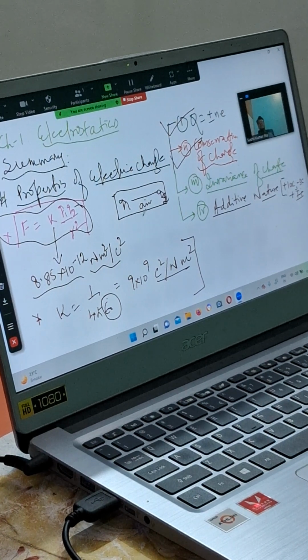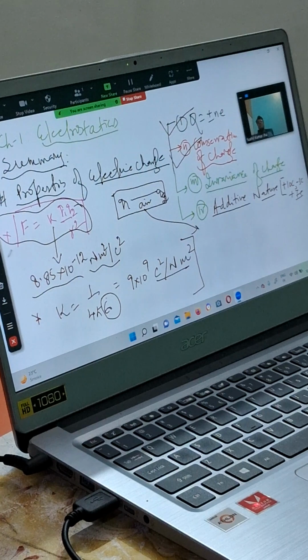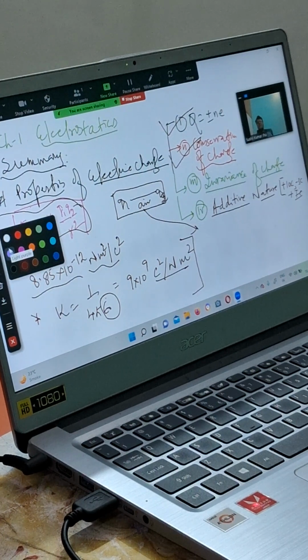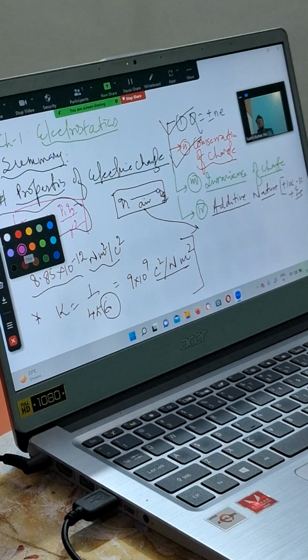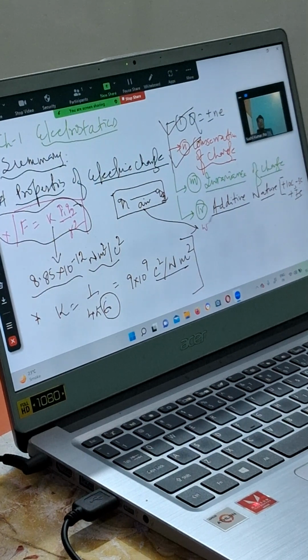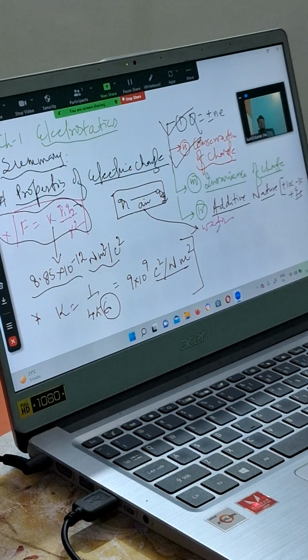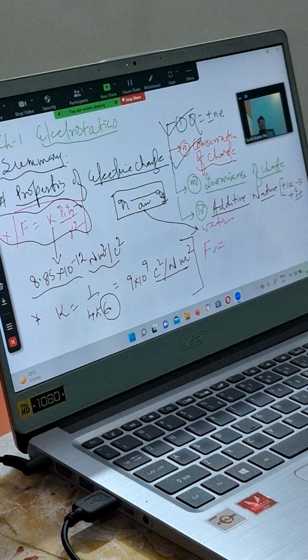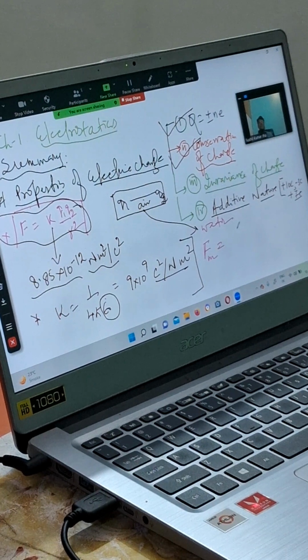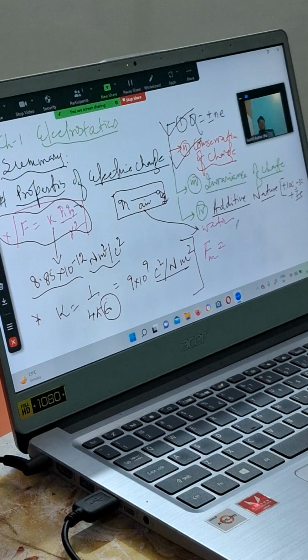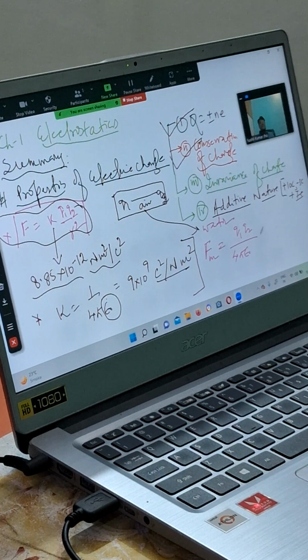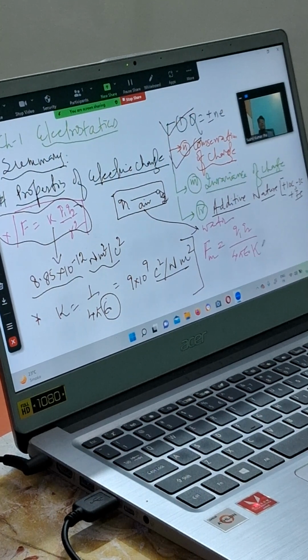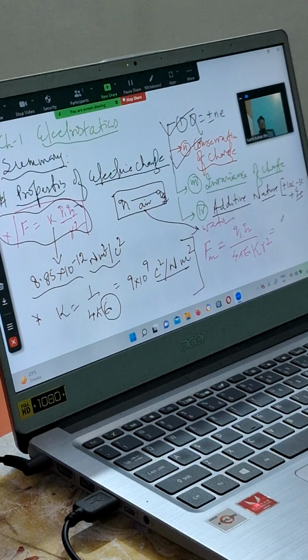But if this air is replaced with some other medium, like the most common medium we have, water, then for any medium the same formula we write F, or better to say Fm, as Q1 Q2 upon 4 pi epsilon naught capital K into R square, which means this becomes F naught upon capital K.